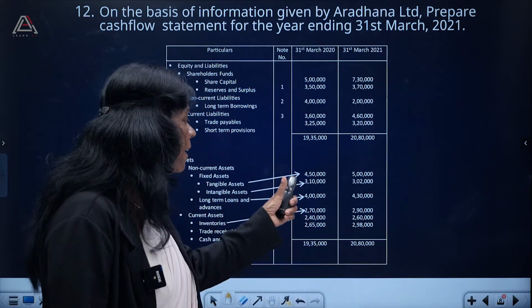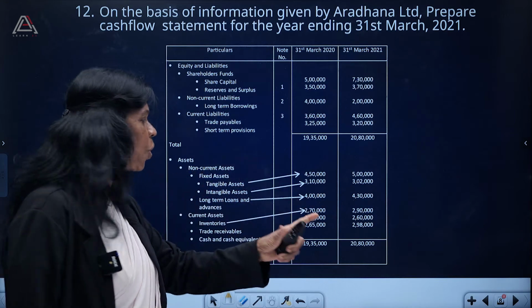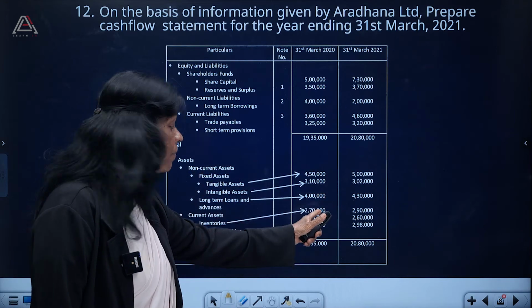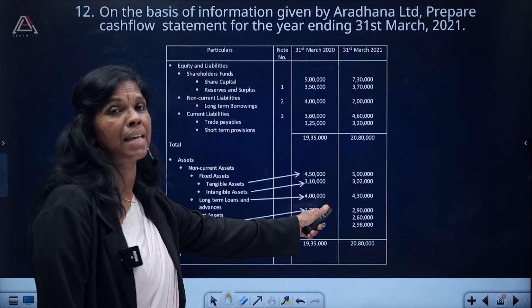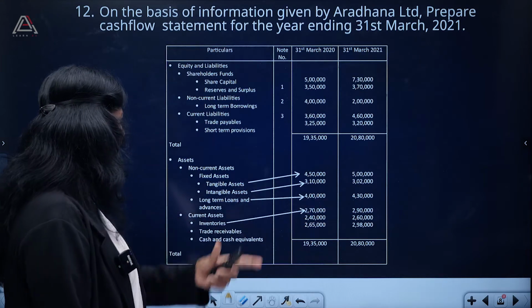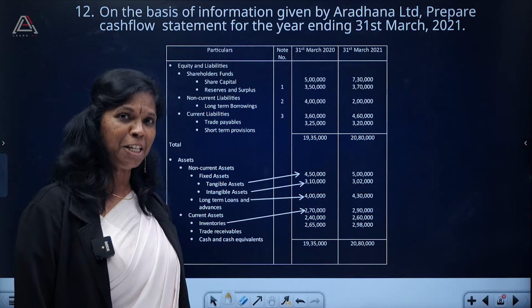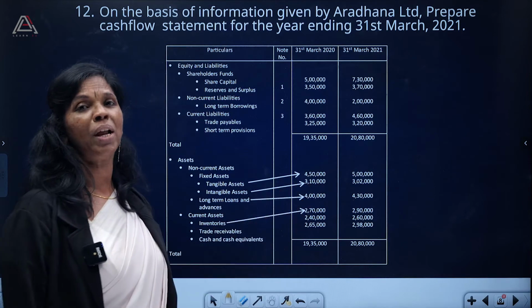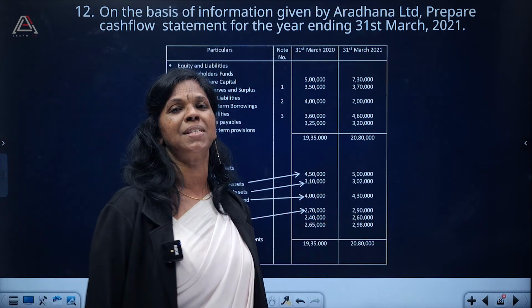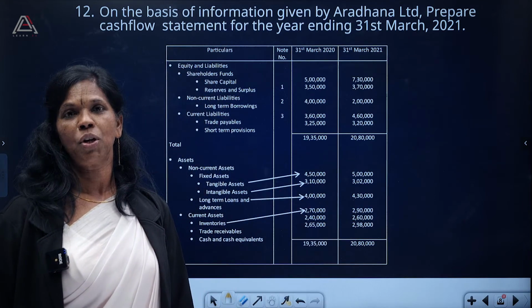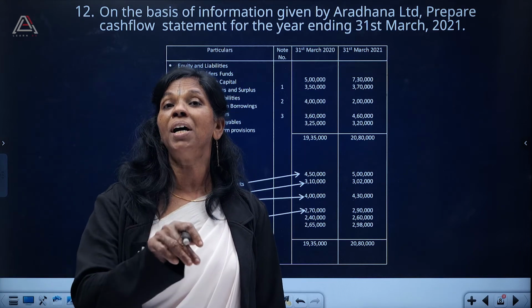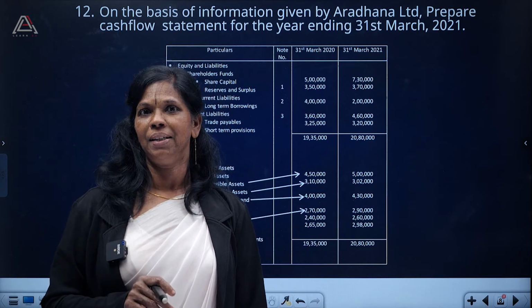If there is any decrease, we have to add it. So we have to deduct this item. Then the second item, trade receivable: first year 2,40,000, second year 2,60,000. This is also an increase. So in this problem, we don't have a decrease in current asset.